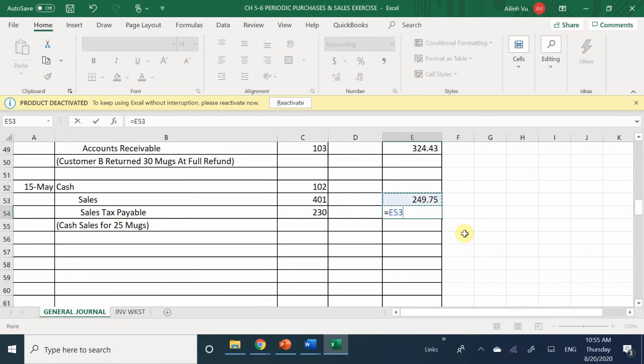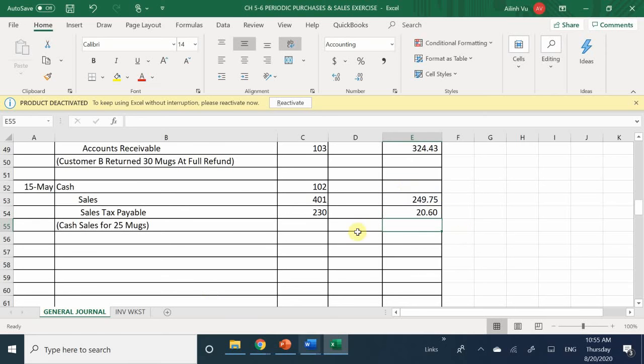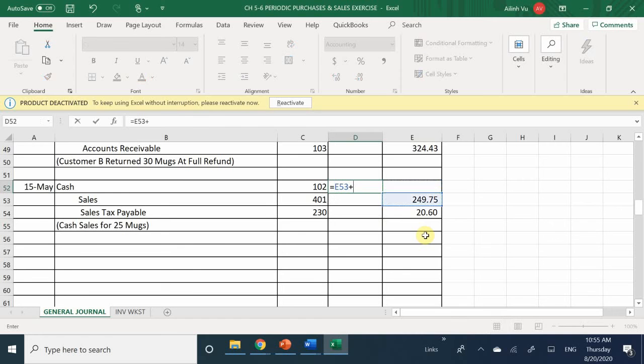And what is my total tax here? $20.60 is correct. All right, and then now we need to add them up. And what is the total amount of cash we actually received?